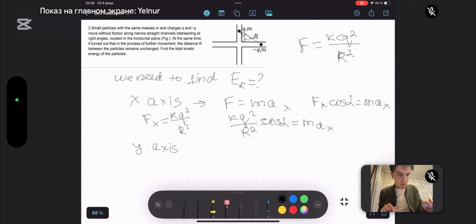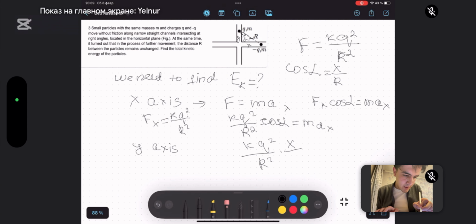Moreover, cosine alpha equals x over r. After we found that cosine alpha equals x over r, we substitute it into our equation.